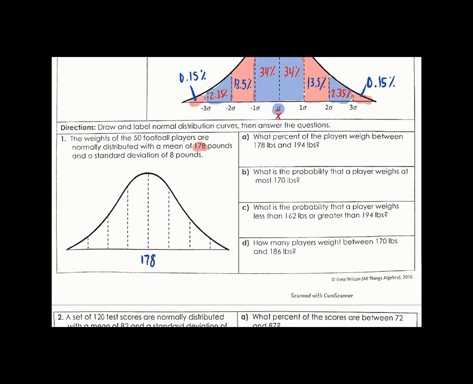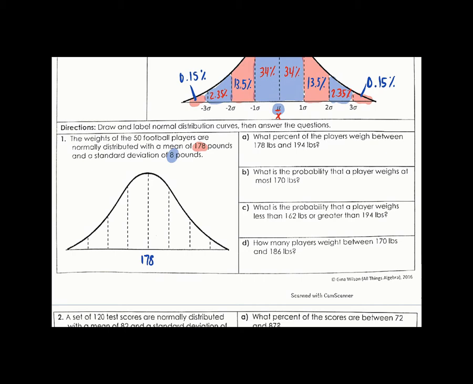Now, what do I do from here? Well, from here, it's all about your standard deviation. What does this one say that our standard deviation is? It says that it's 8 pounds. So what does that mean? How do I deal with that 8 pounds? Well, as I go to the left, 1 standard deviation to the left of 178, I'm simply going to, kind of like margin of error yesterday, subtract 8.